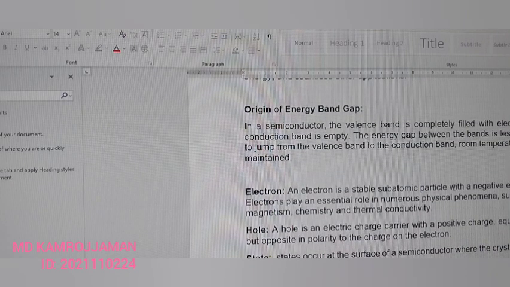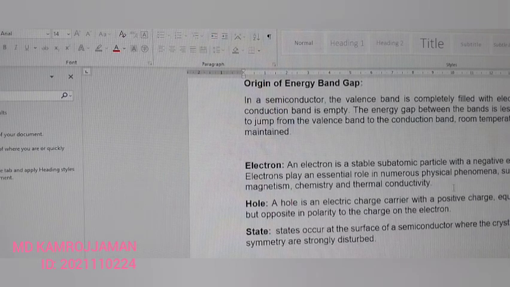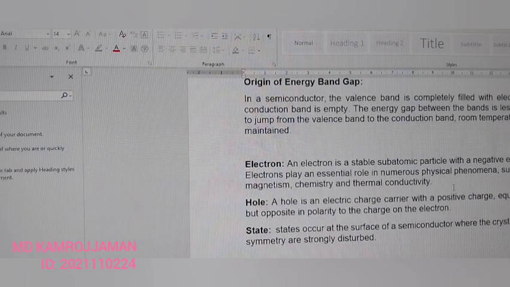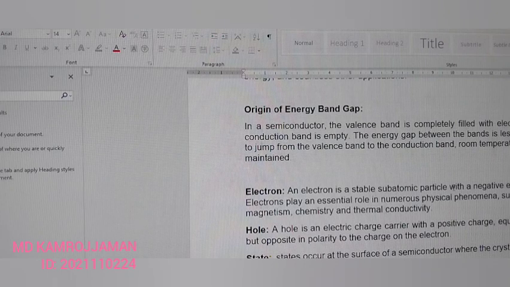In a semiconductor, the valence band is completely filled with electrons while the conduction band is empty. The energy gap between the bands is small enough for electrons to jump from the valence band to the conduction band. Room temperature needs to be maintained.